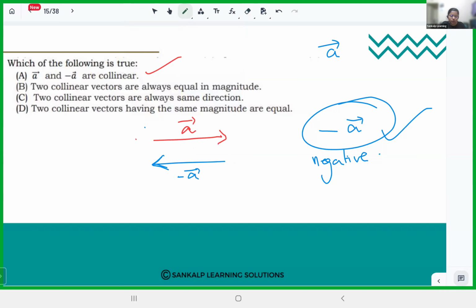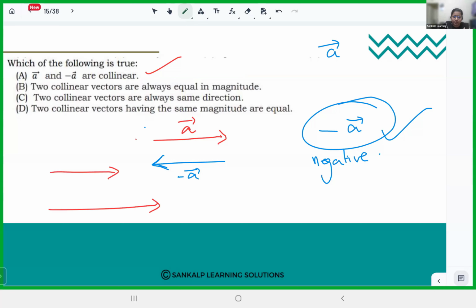Two collinear vectors are always equal in magnitude. Is that true? Is that necessary? If you consider a vector like this, and then you consider a vector like this, these are clearly parallel to each other, right?